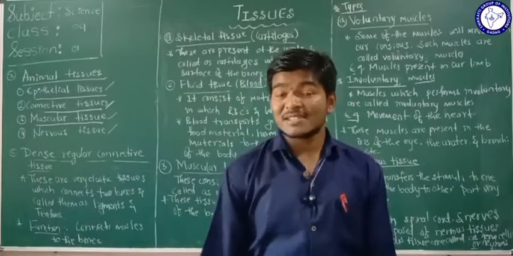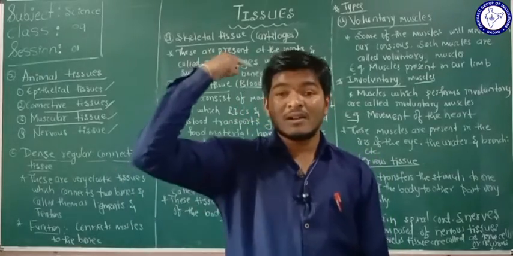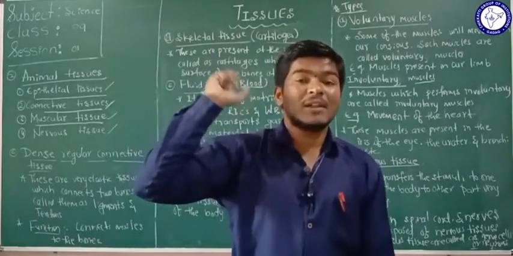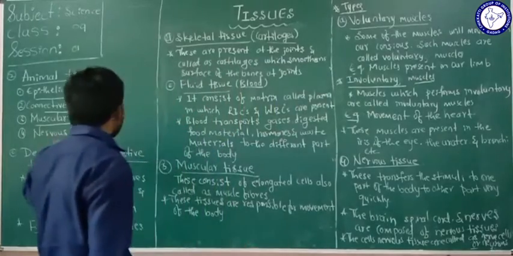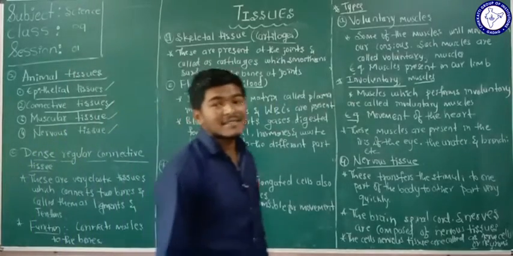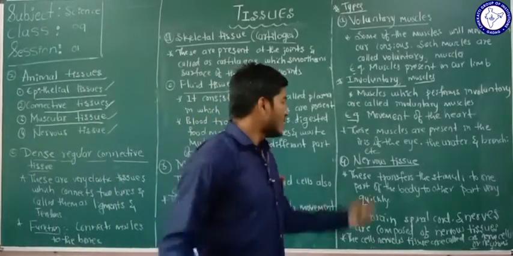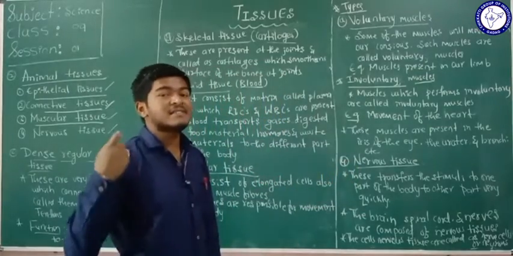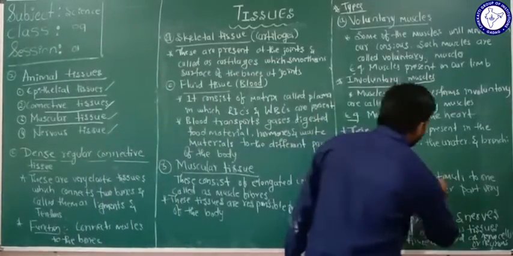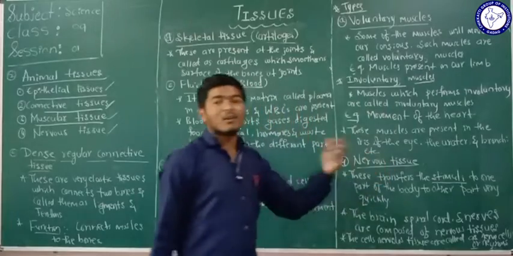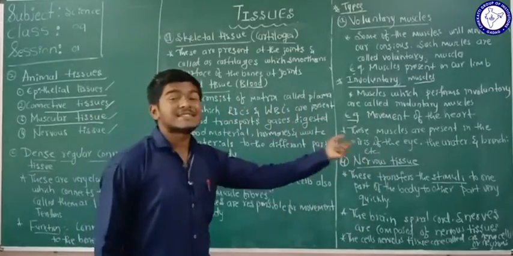The message sent by the leg towards your brain is carried by these nervous tissues, because they carry that message very quickly. That message is nothing but a stimulus. In biological terms, the message is called a stimulus.